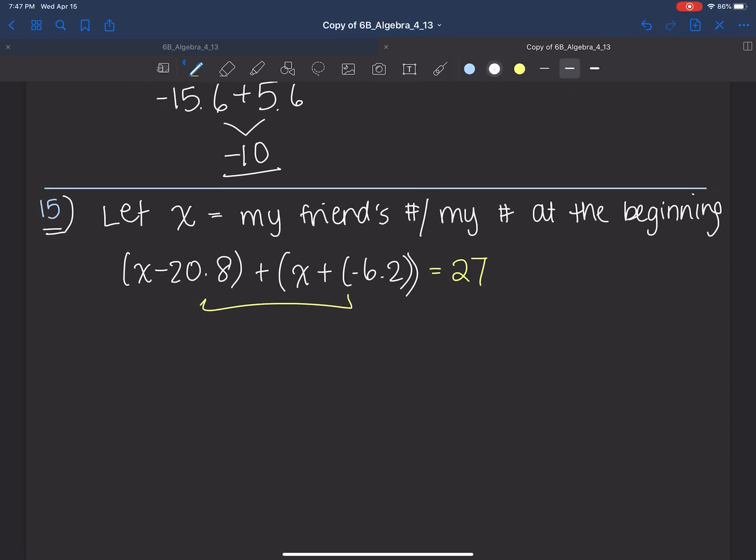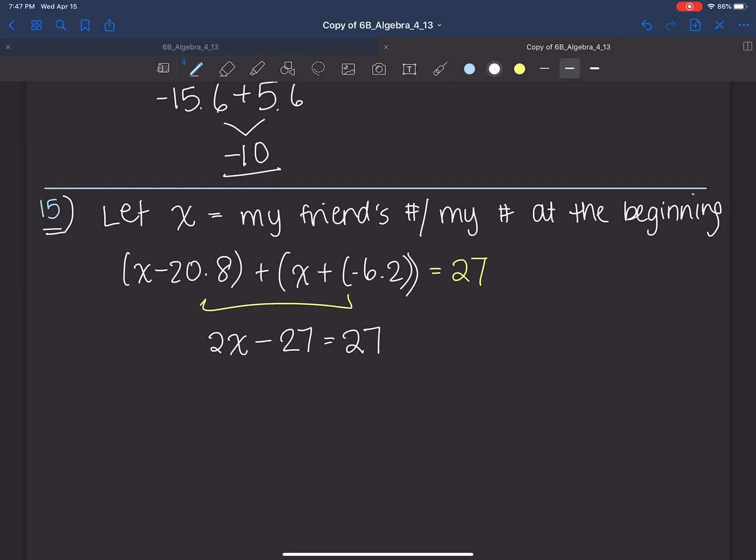So I'm going to simplify the left side first because we can combine the two x's and we can combine the numerical parts. So we have a minus 20.8 minus 6.2. This gives us minus 27. If you're not sure, now is a good time to pause the video and check why. The right-hand side I have not changed at all.